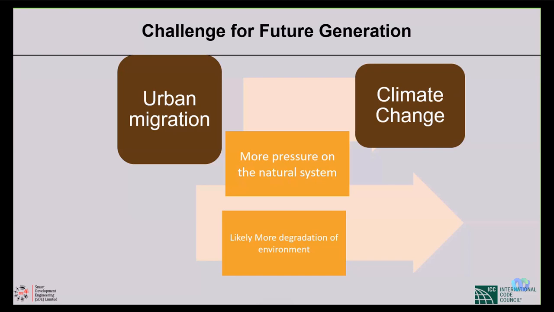Resource availability will change, depletion of groundwater will change, availability of surface water will change. So the whole system, with more heat, more temperature, and more uncertainty in using natural resources, puts pressure on the natural system. Finally, the environment will suffer if you don't take care of it properly. Understand and take care of it.